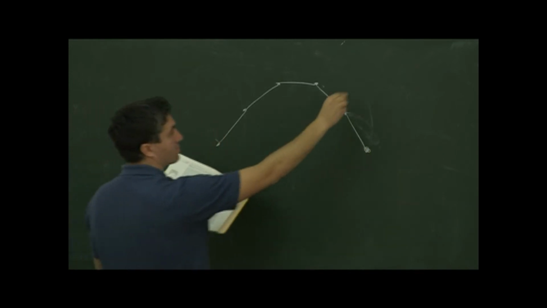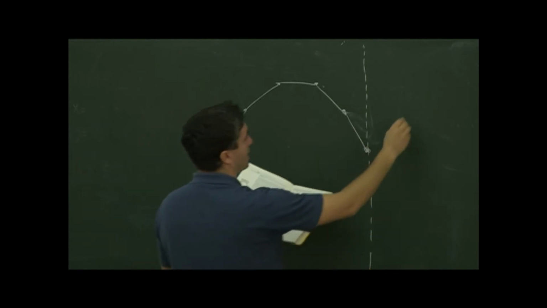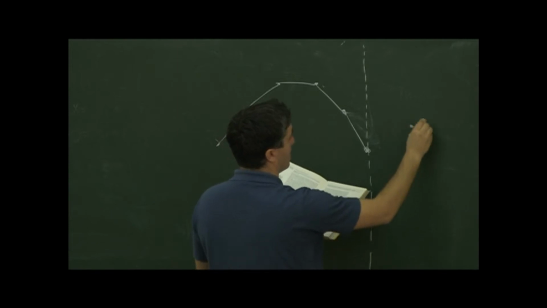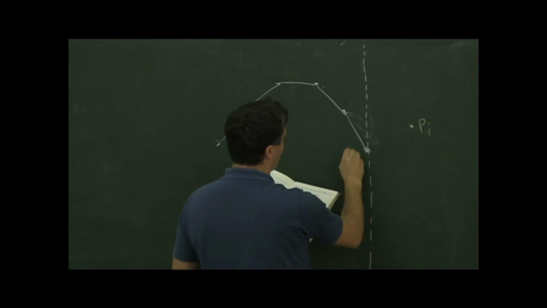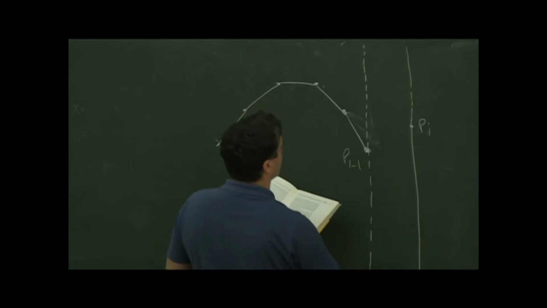And I computed the convex hull up to this point, and I'm going to add a new point, for example, pi. This is pi, this is pi minus 1. Okay.